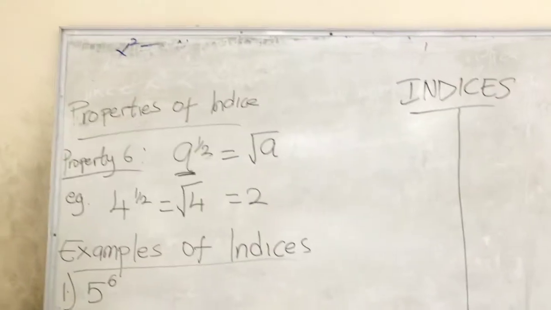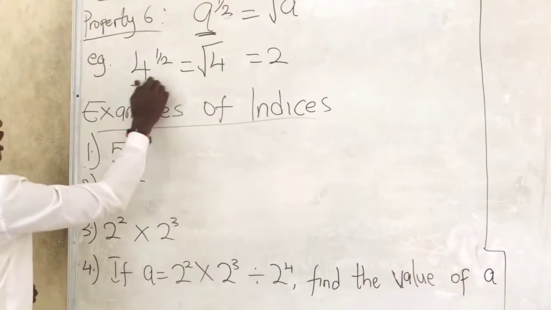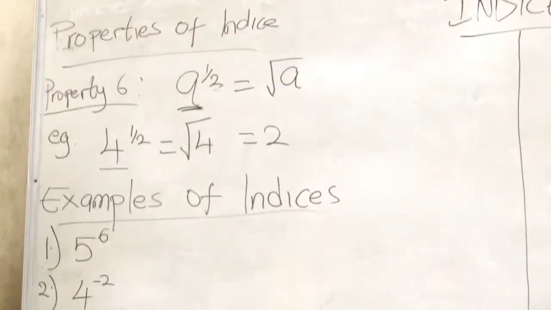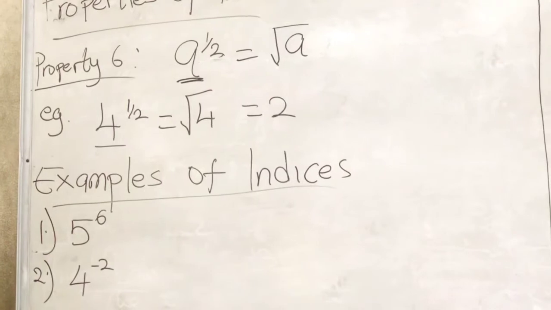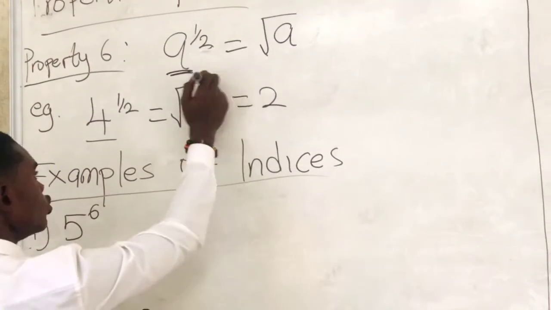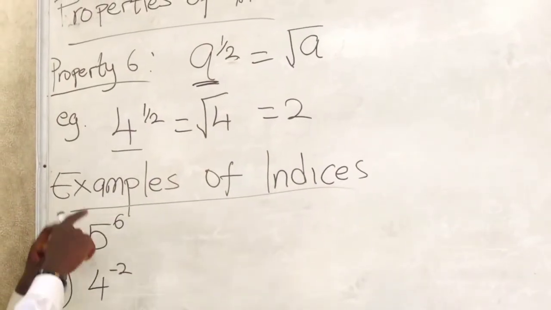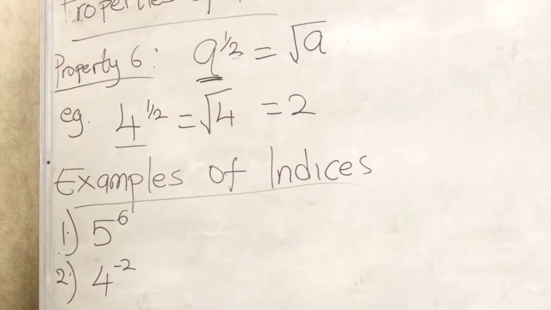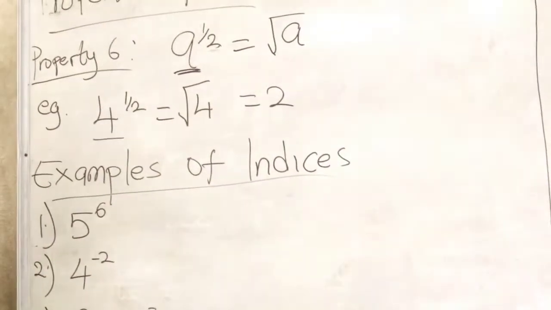And for the property, we have an example. Let's look at this example. We have 4 exponent negative half. We want to use the square root to break down the indices to solve for the answer. So you put the 4 inside the square root. After putting the 4 inside the square root, we all know that the square root of 4 is 2.